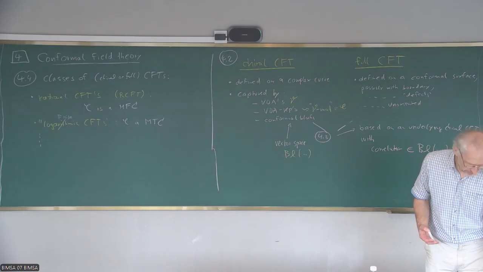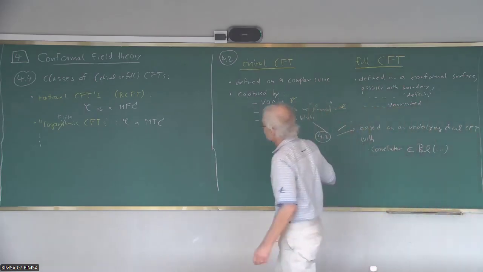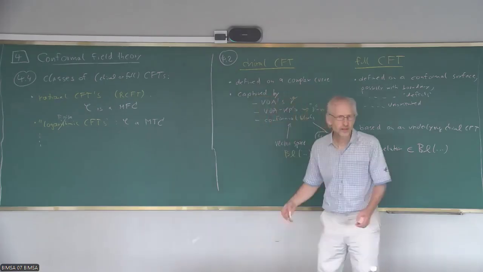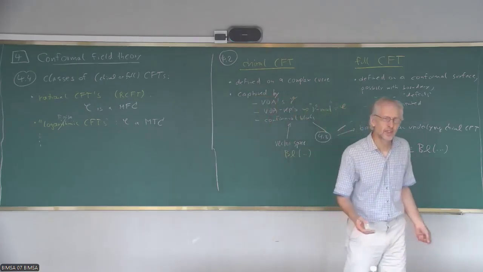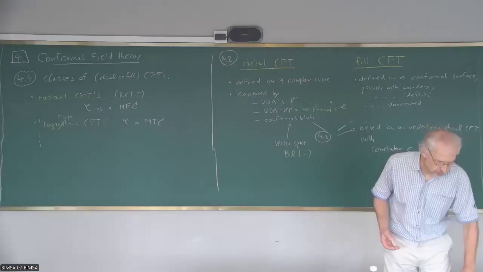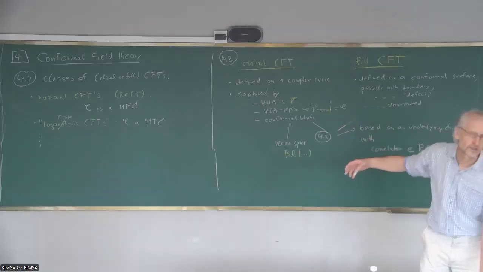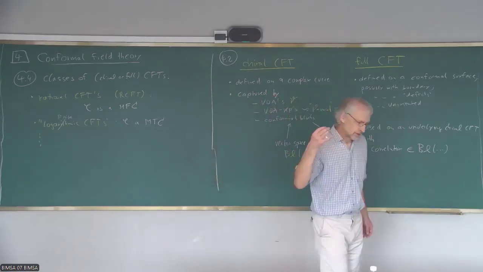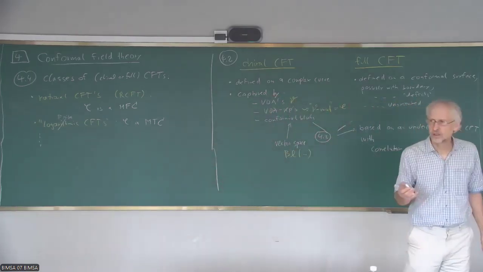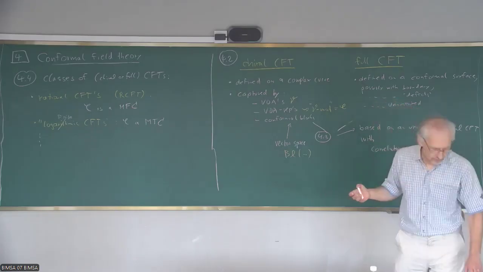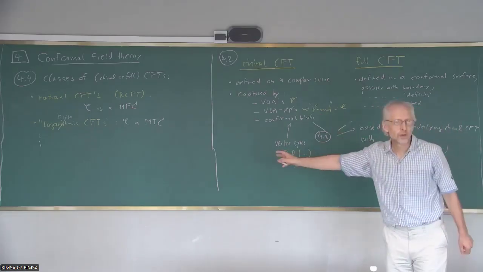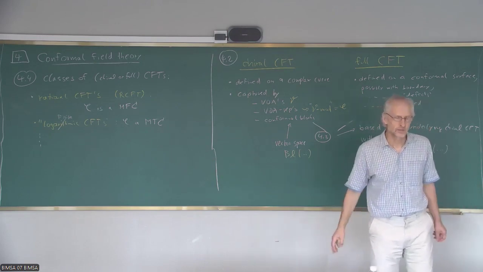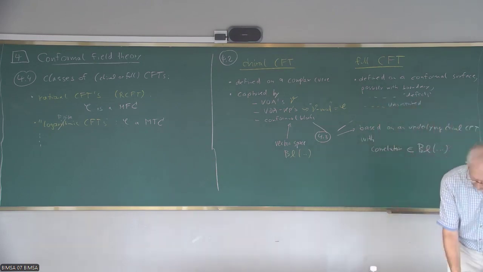And in that case, you still have some aspect of a modular tensor category, namely that there is a finite number of isomorphism classes of simple objects. But beyond that, there are other theories, including important ones which are known as uncompactified free boson and the Liouville theory. These are more complicated. And for those, at the moment, I would claim one does not know what the relevant categories are.